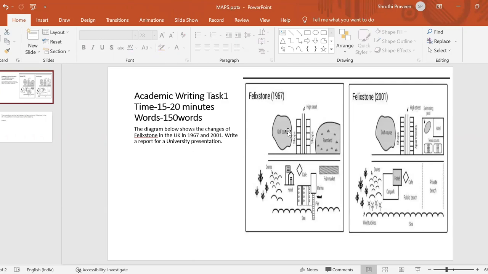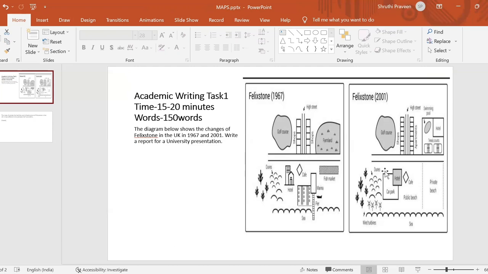One is that some facilities are retained, some are added. For instance, the car park was not there before, it is added on. While the dunes are intact, they are retained. Some are retained, some are added on, and some are demolished. Like the fish market has been removed completely, the farmland has been removed. Okay, so these three things are your overview.